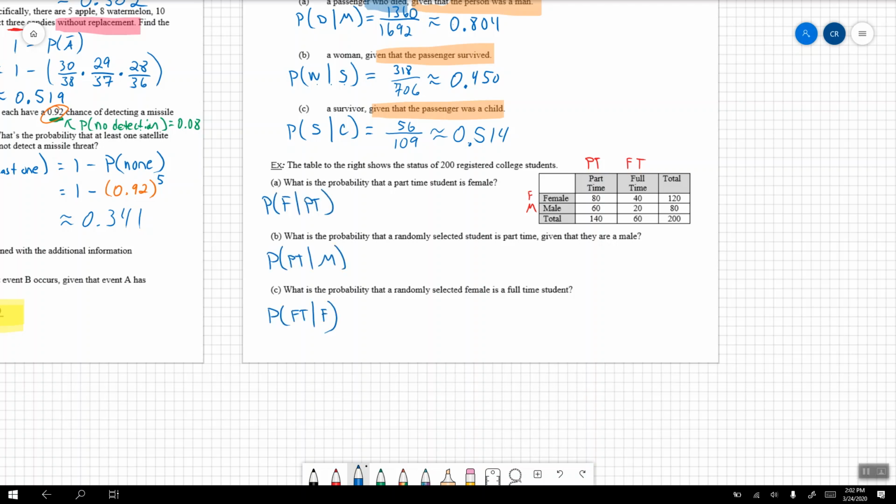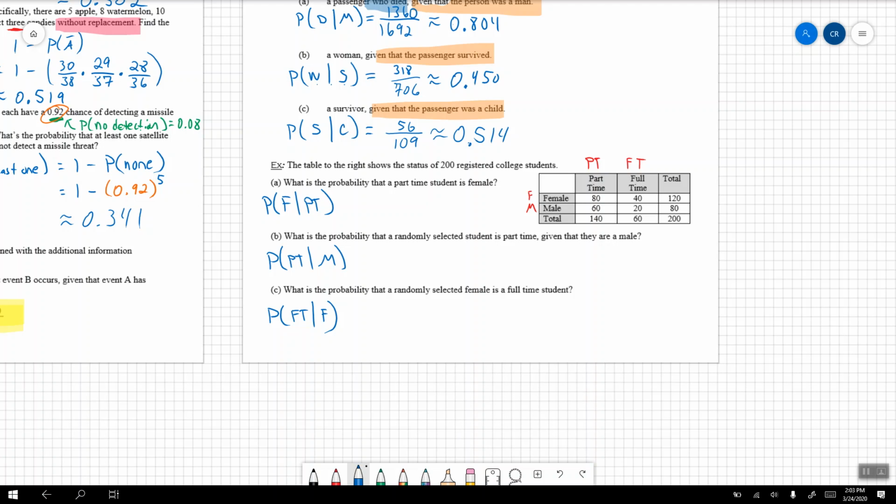All right, so I really quickly went ahead and filled in what we're looking at for the probabilities, mathematically. So for the first one, what's the probability that a part-time student is female? I want you to notice there is no word here that says given. However, we can restructure that sentence to say: what's the probability of randomly selecting a female student given that they are a part-time student?